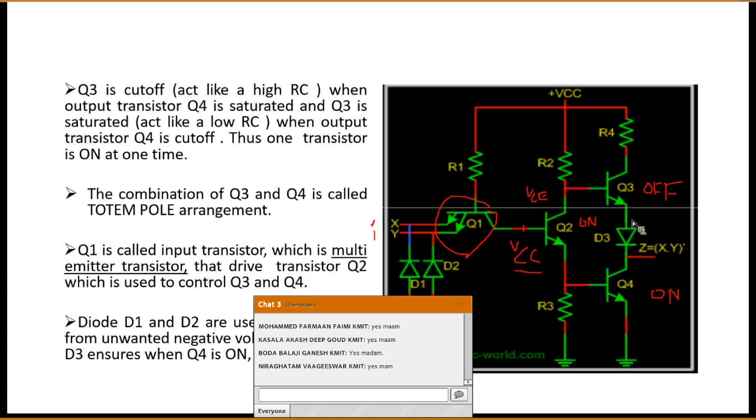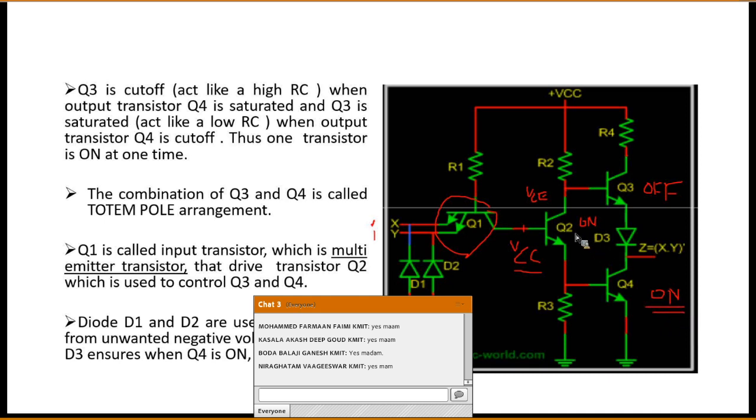So this emitter voltage will also be 5 volts, and there is a diode. This diode conducts, and this is also available for the collector of Q4. So the collector of Q4 is at VCC, and it is said that Q4 will be in on state.